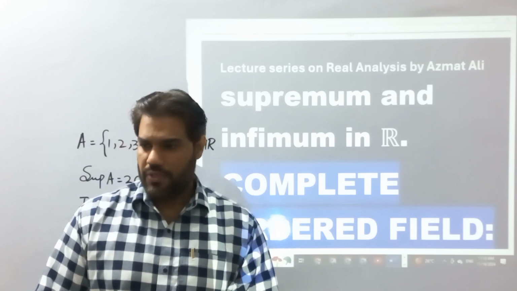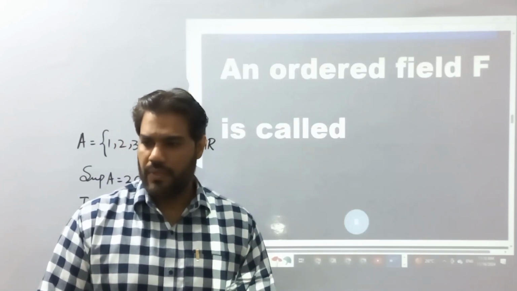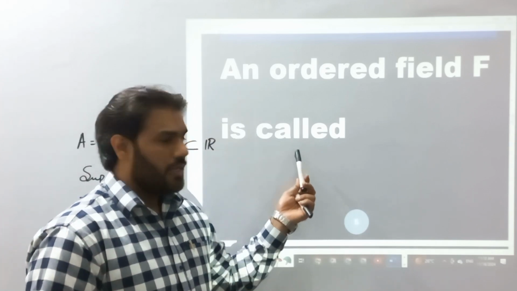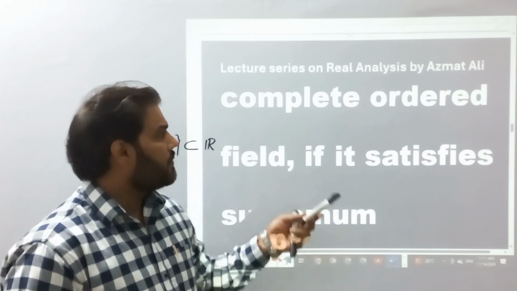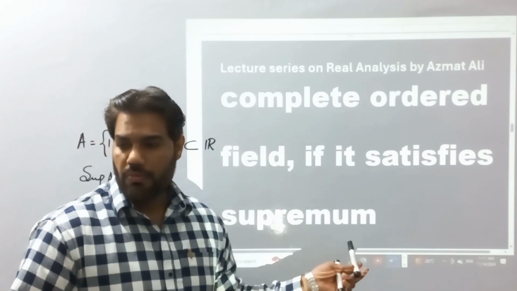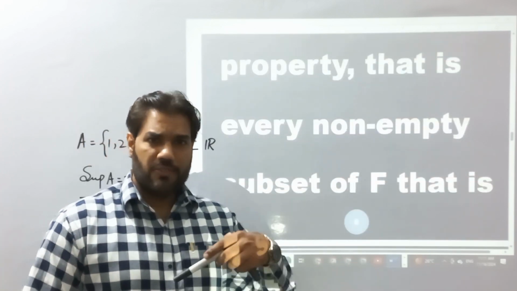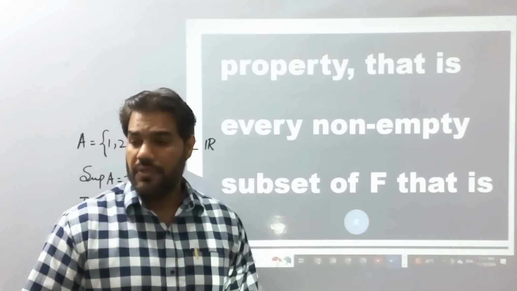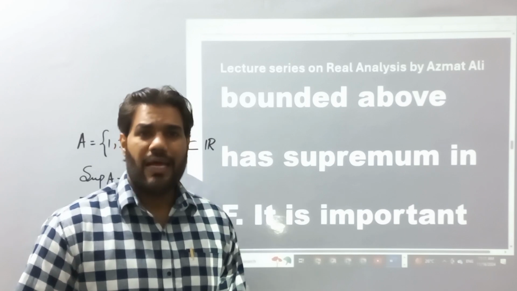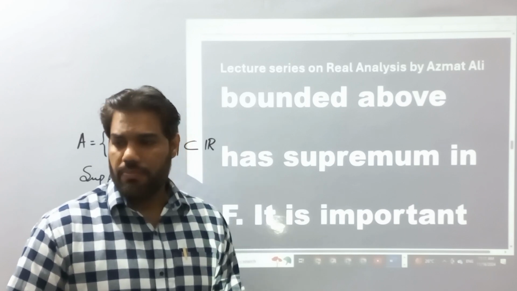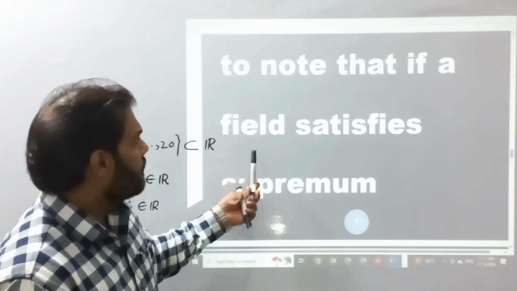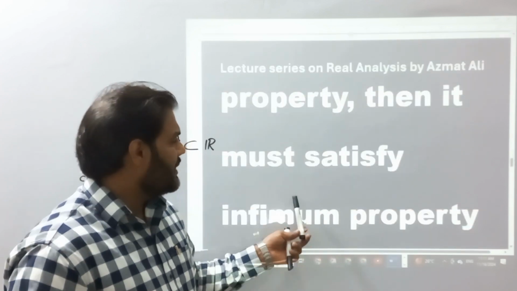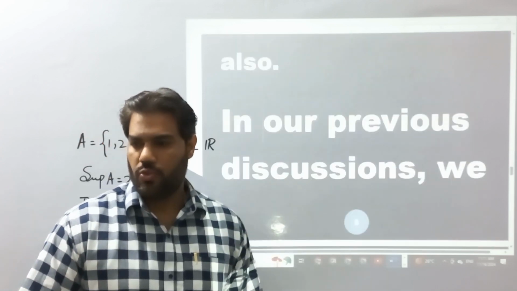So the complete ordered field can be defined as follows: an ordered field F is called a complete ordered field if it satisfies the supremum property. What is the supremum property? Every non-empty subset of F that is bounded above has the supremum in F. It is important to note that if a field satisfies the supremum property, then it must satisfy the infimum property also.